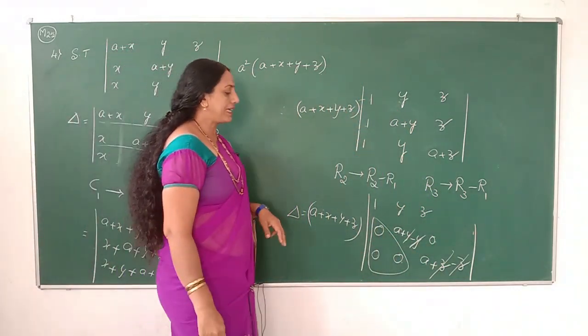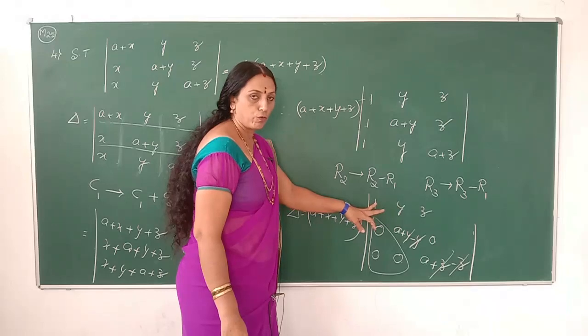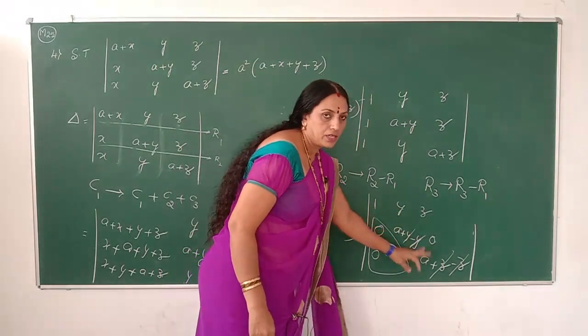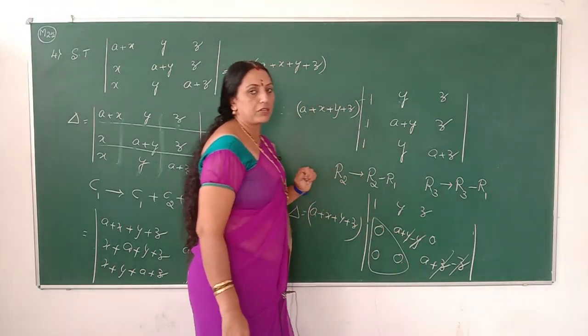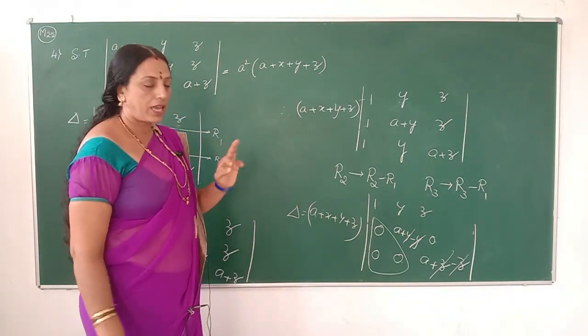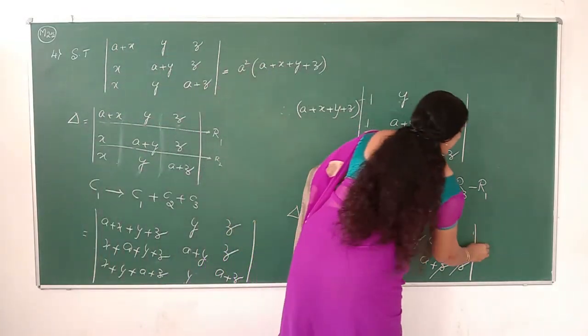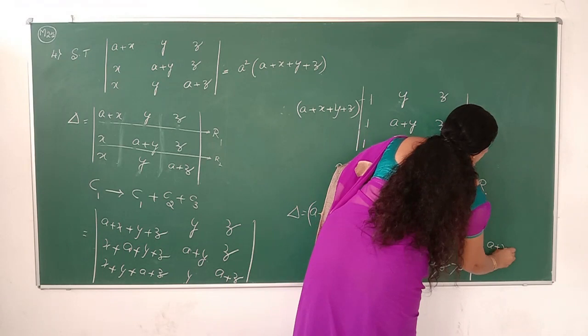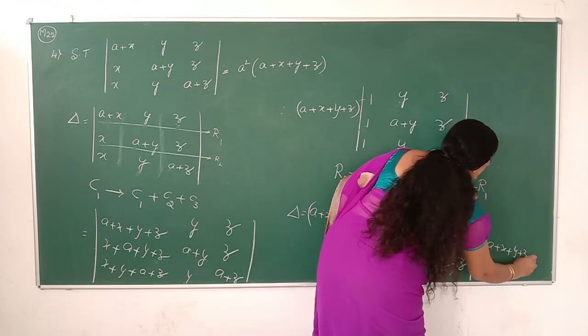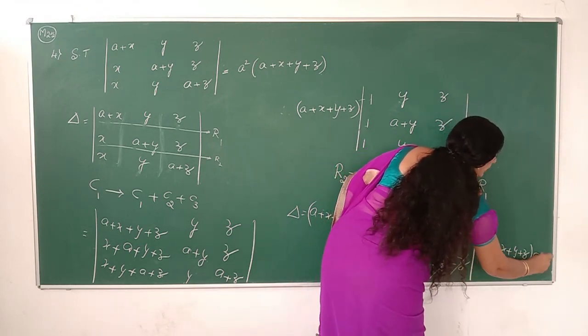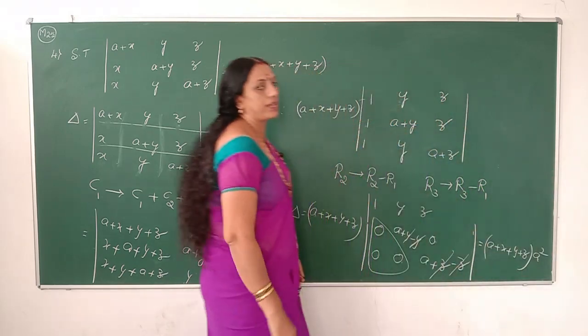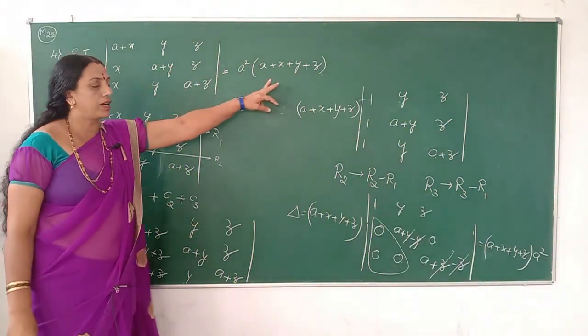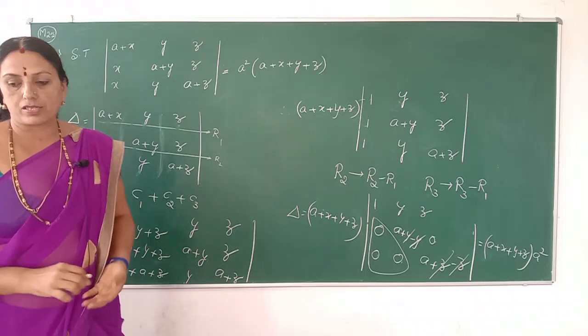The remaining diagonal elements are 1, a, a. So the delta is nothing but a plus x plus y plus z, times a into a, which is a square. That is the RHS of the given result.